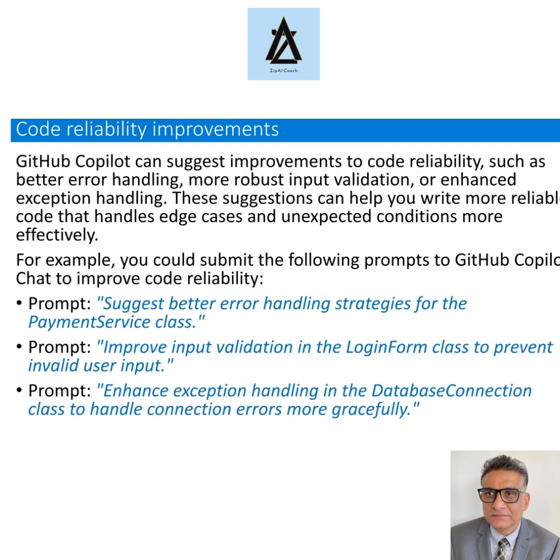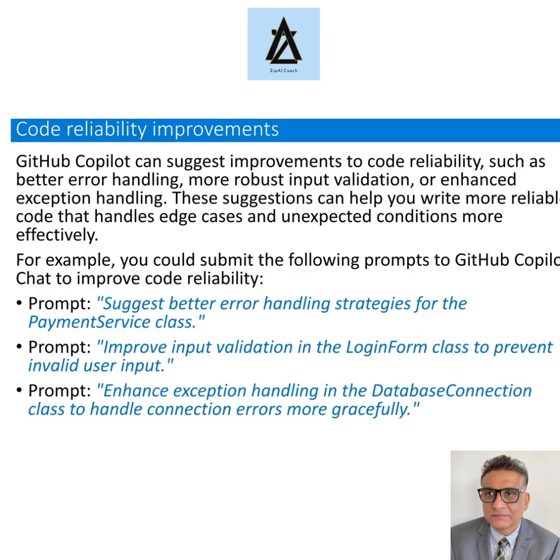Similarly, you can use Copilot to improve the reliability. How do you implement better error handling or input validation or exception handling in the database connection class? Again, this increases the reliability, which is generally overlooked.